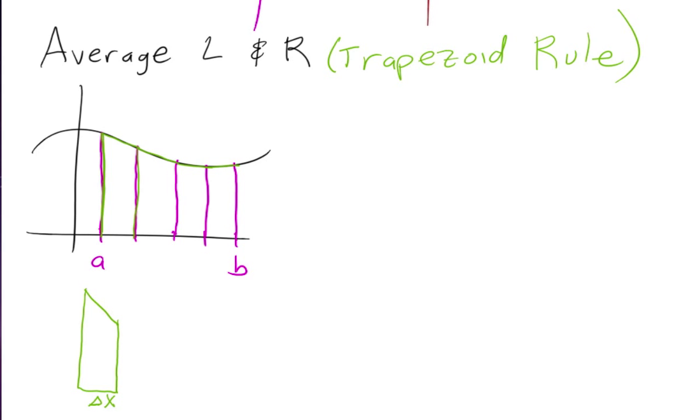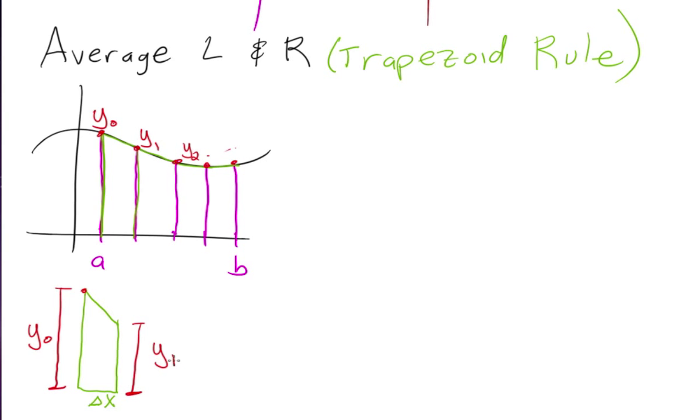So if I label these with y values instead of f of x, this would be y sub 0, y sub 1, y sub 2, and so on. So the height right here would be y0, and then this one right here would be y1.